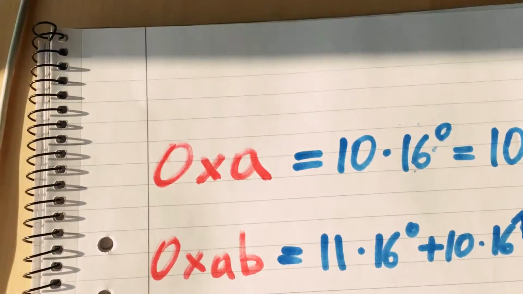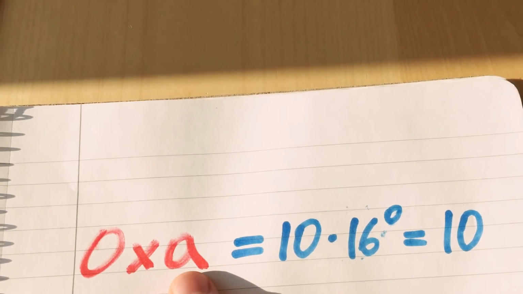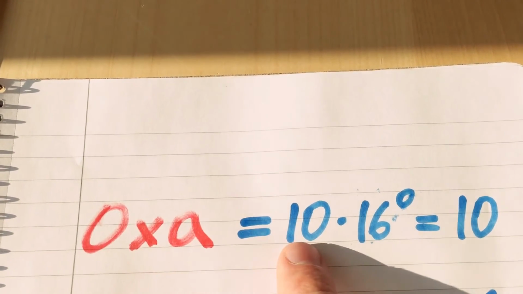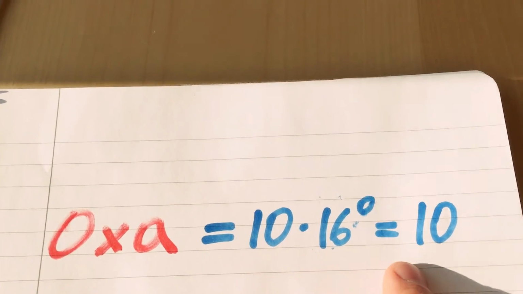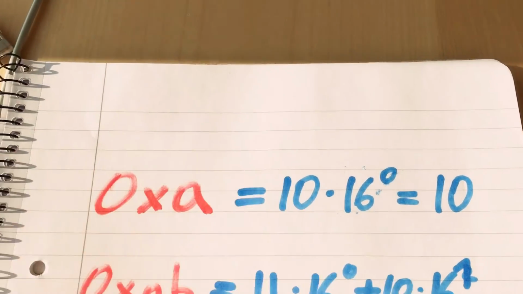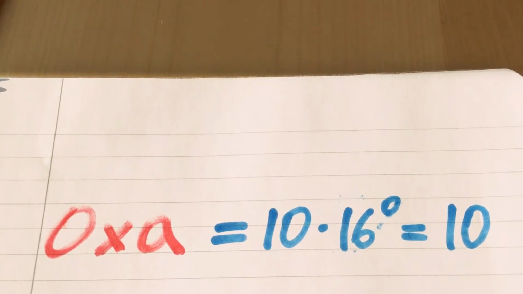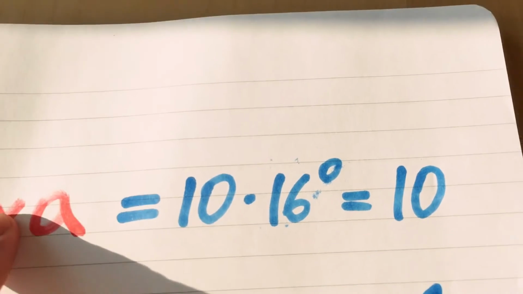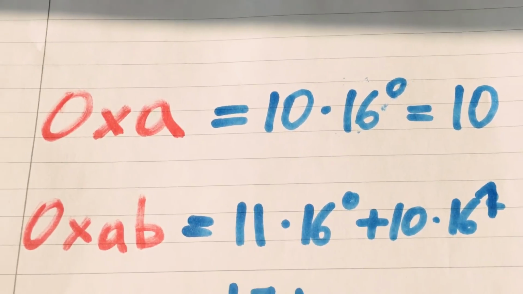So let's look at some examples. As we mentioned before, A is equal to 10. So when we write it like this, it equals 10 times 16 to the power of 0, which is only 10. And we just ignore the 0x because it just tells us that A is a digit in hexadecimal notation. And so next we have AB.